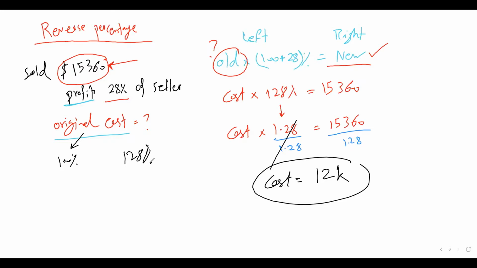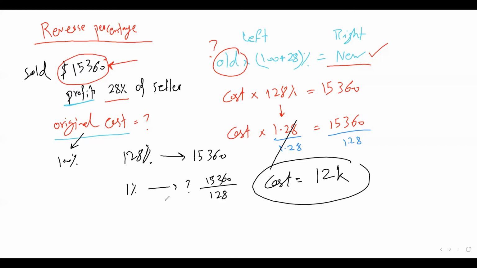So 128% actually represents this much US dollars, right? And the question is, what is 1%? So 1%, this is a matter of ratio, is nothing but 15,360 divided by 128.